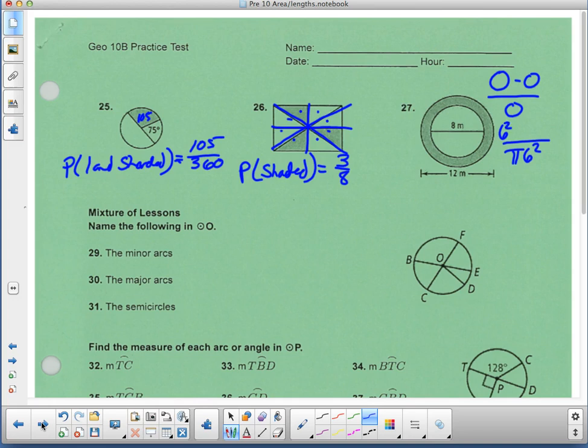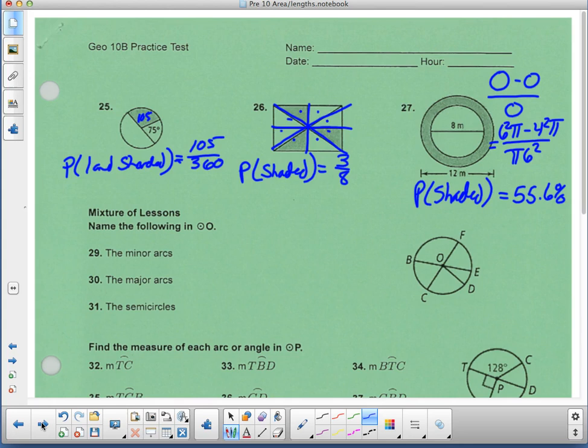The little has a 4 squared pi. So I have 36 minus 16 on the top, and 36 on the bottom. So now my probability shaded is going to be 55.6% on that one.